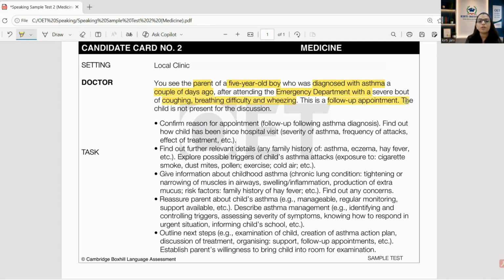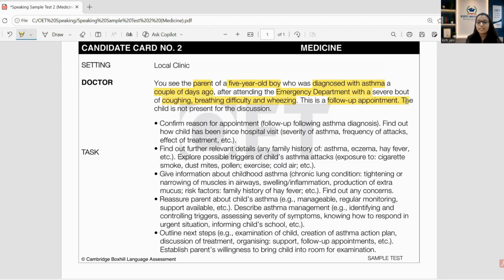The child is not present for the discussion. Now, we can understand that we are about to speak with a parent of the 5-year-old boy who has asthma, and a couple of days ago attended the emergency department, and all of these symptoms were seen in the child.